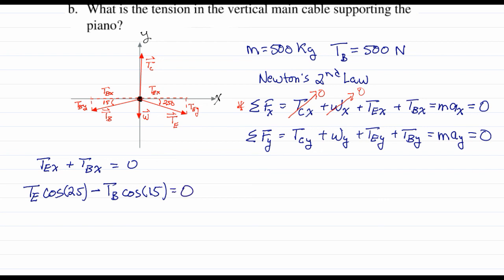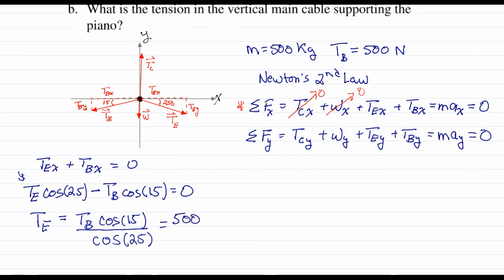Notice we know everything here except for the magnitude of Ellen's force. We're given the magnitude of Bob's force, so we can solve for the magnitude of Ellen's force. It's just TB times cosine of 15 degrees divided by cosine of 25. So TB is 500 newtons.